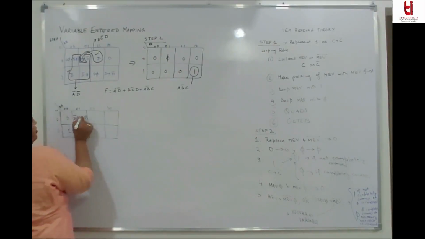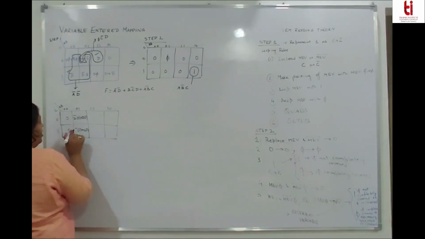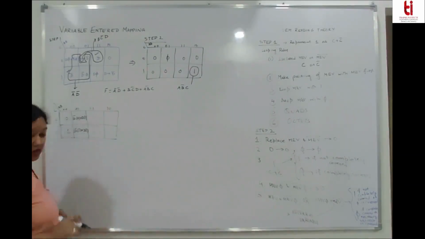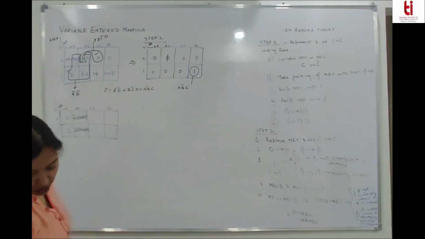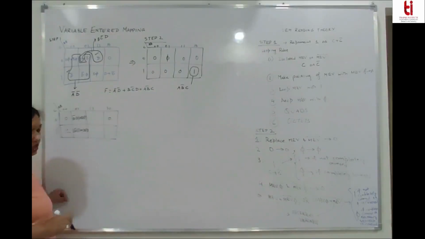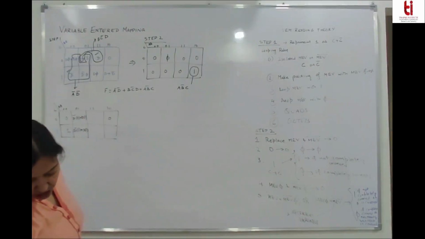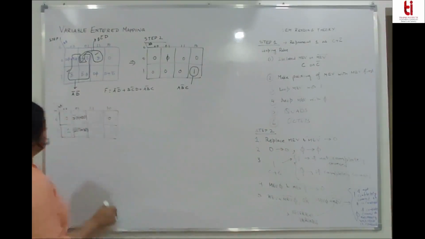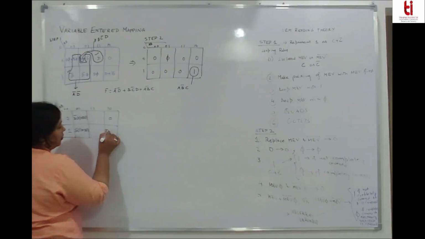Because A, B and C are here, so what is the fourth variable? For 1, 0, 0, the output is 0. For 1, 0, 1, C bar is 5 and C is 0.